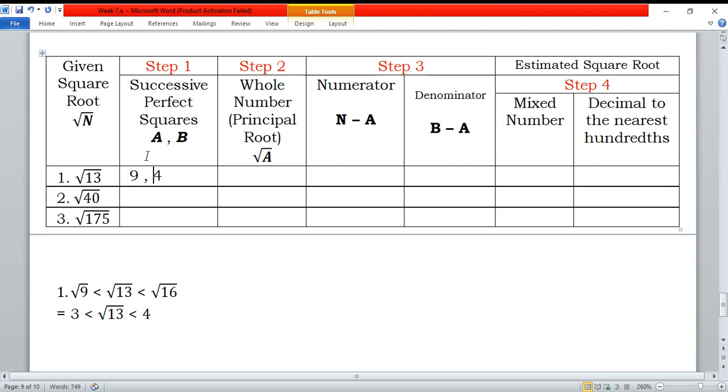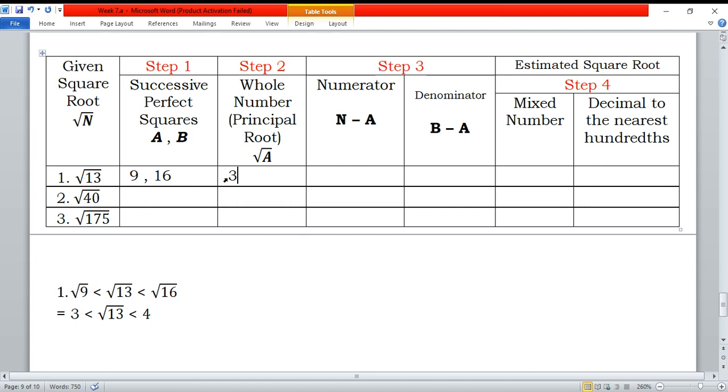Ito naman ay 16. Sorry. 9 and 16 because A lang to. Because dito, square root of 9, square root of A. So, square root of A is 3. Okay.